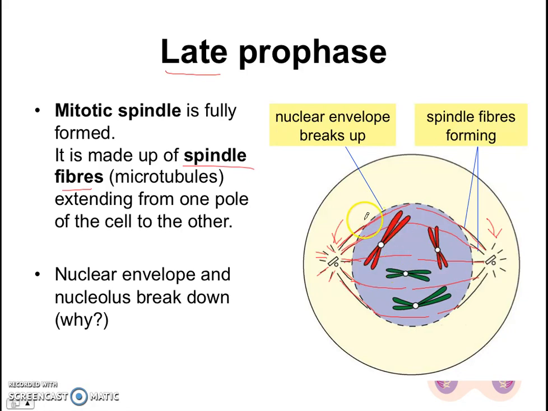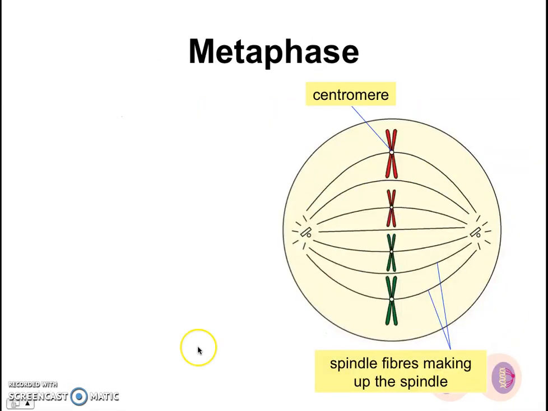And besides that, the nuclear envelope, as you can see here, and the nucleus break down. Now why is that? The nuclear envelope starts to break up so that the spindle fibers in the mitotic spindle can start to interact with the chromosomes which are inside the nucleus.